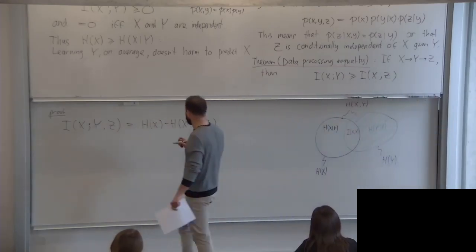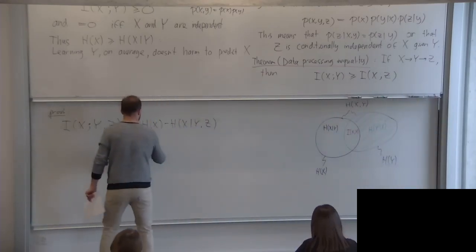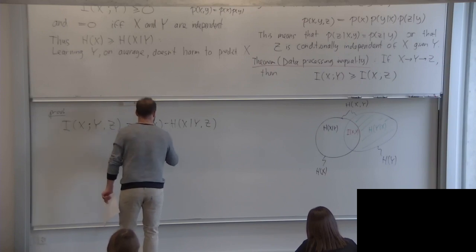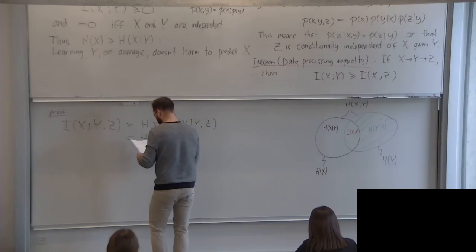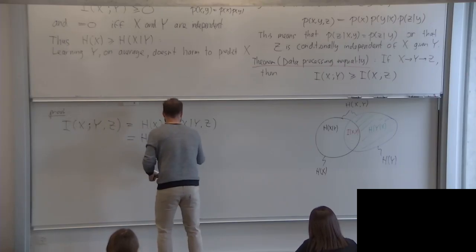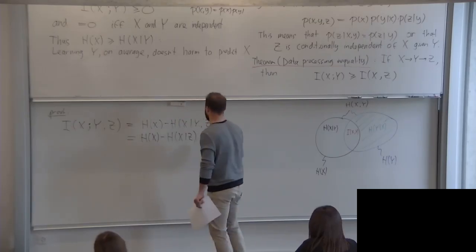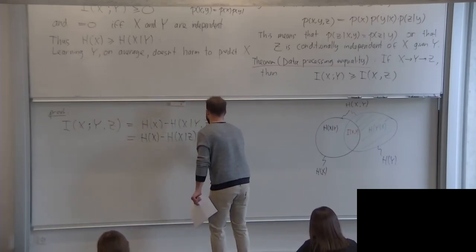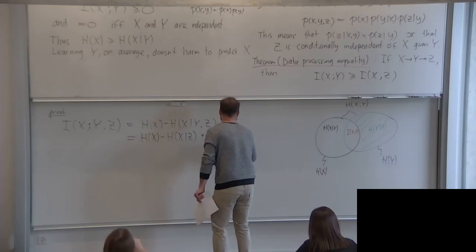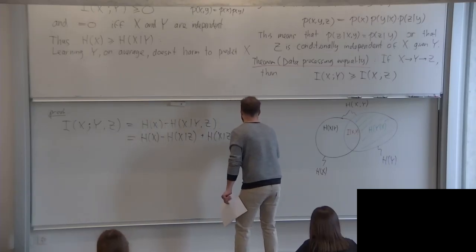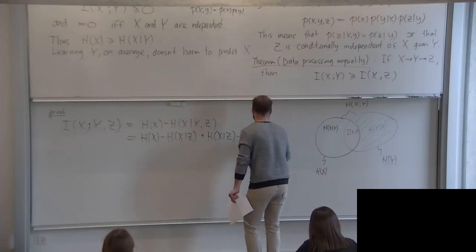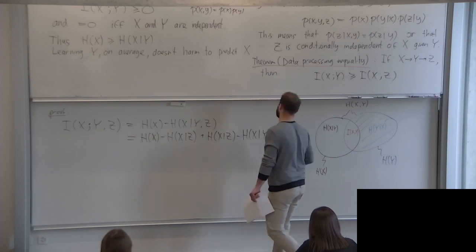Okay. There's a trick here, and it's to rewrite h of x minus h of x given z plus h of x given z minus h of x given yz.